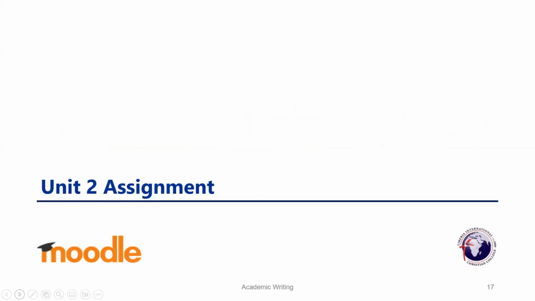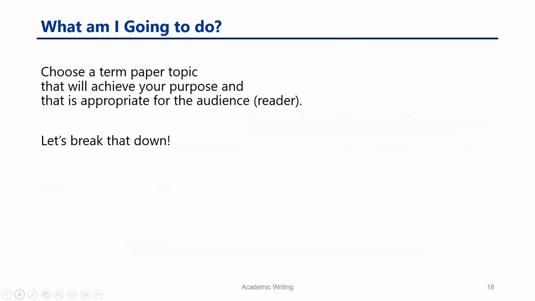Now let's look at this week's assignment. The assignment is to choose a term paper topic that will achieve your purpose and that is appropriate for the audience. Okay, let's look at that in detail. Basically, you just saw a couple of big, long examples of how to do that.